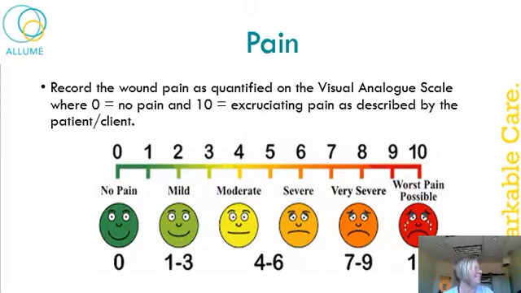Pain. There's always pain associated. It is one of the vital signs. Record the wound pain as quantified on the visual analog scale, where 0 equals no pain and 10 equals excruciating pain, as described by the patient or the client.